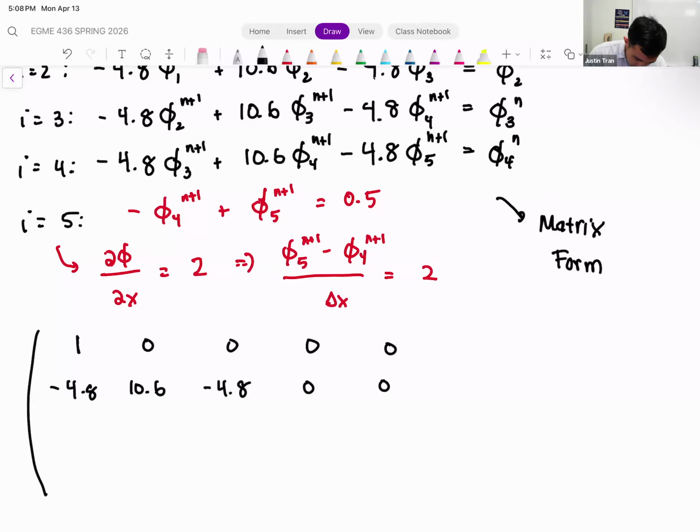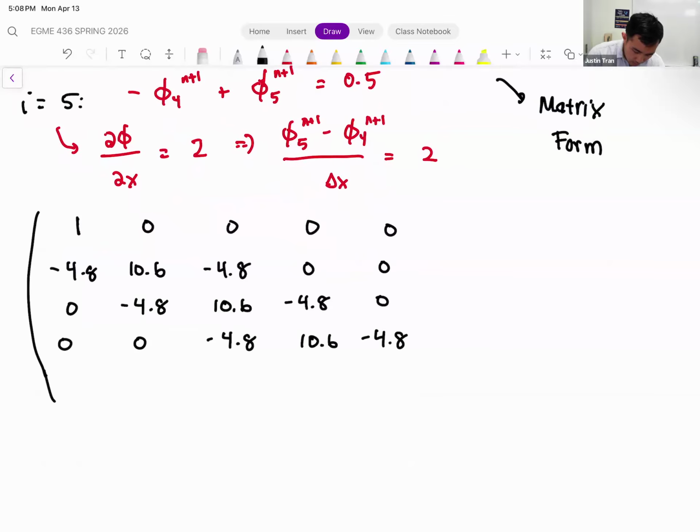Next row is 0, minus 4.8, 10.6, minus 4.8, 0, and then 0, 0, minus 4.8, 10.6, minus 4.8. And then the last row, we have 0, 0, 0, minus 1, 1.